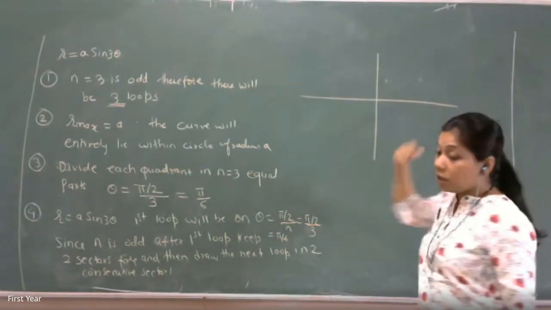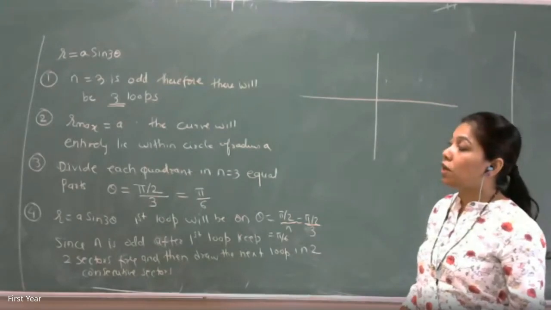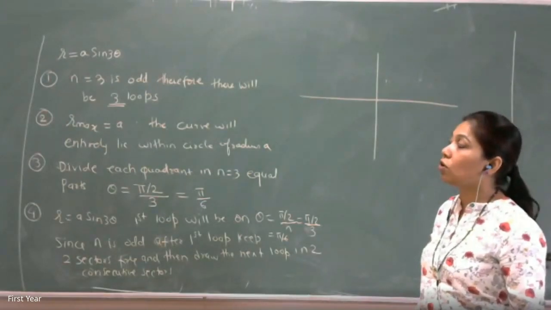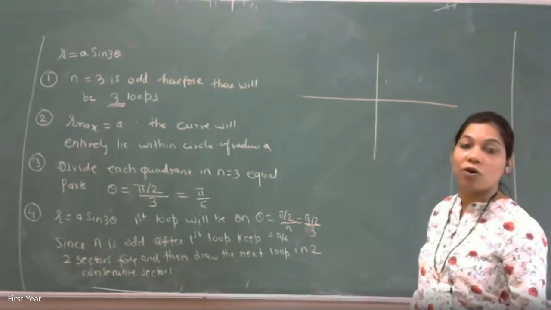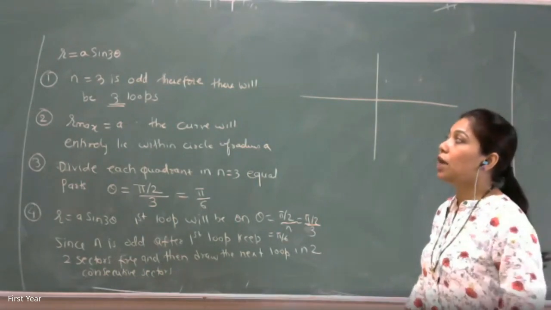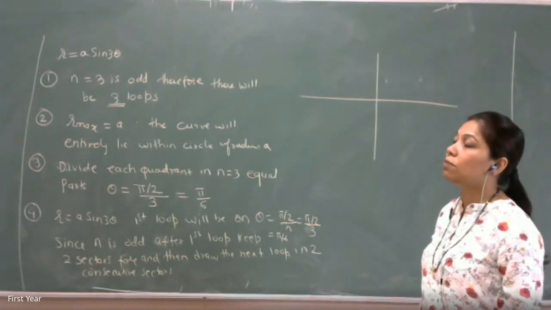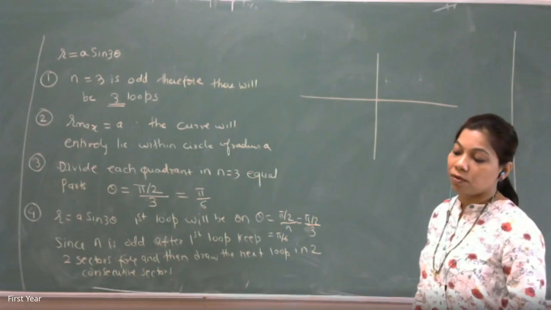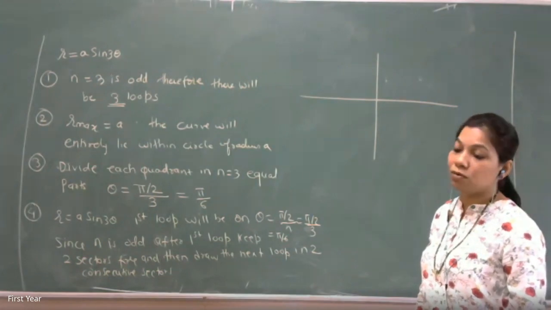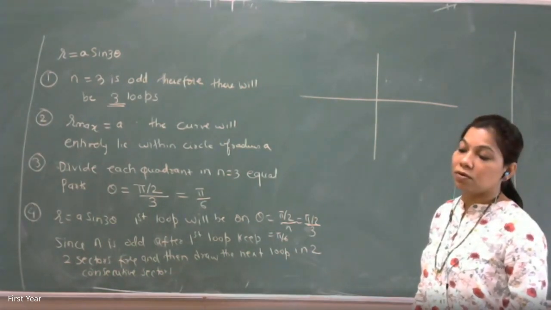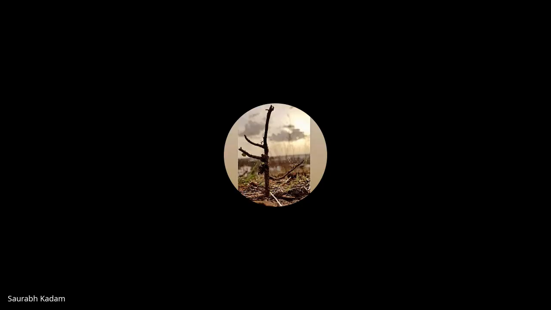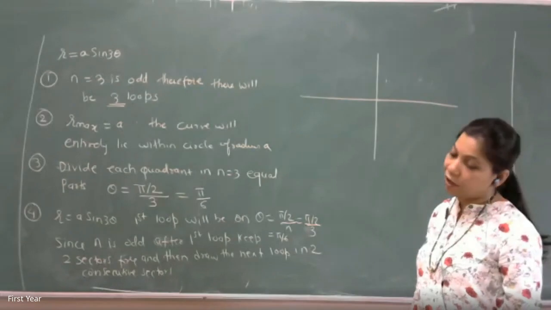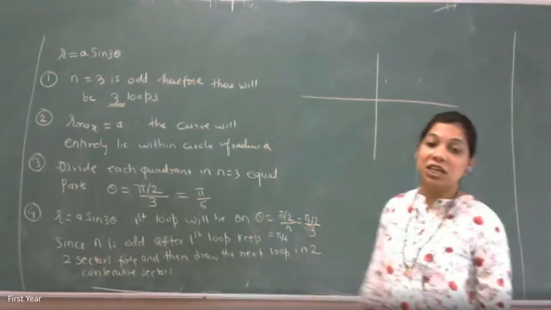Anything else? If in the MCQ they ask whether the pole lies on the curve or not, then you have to find the value of θ for which r will become 0. Can you tell me a value of θ for which r will be 0? Pi by 3. Very good, pi by 3 is one. 0 is the easiest one.